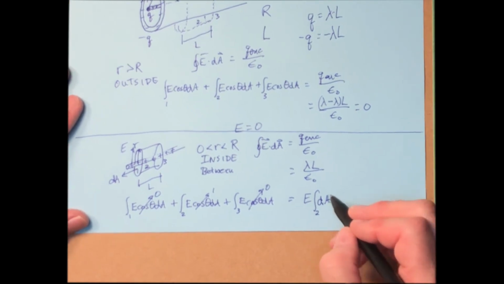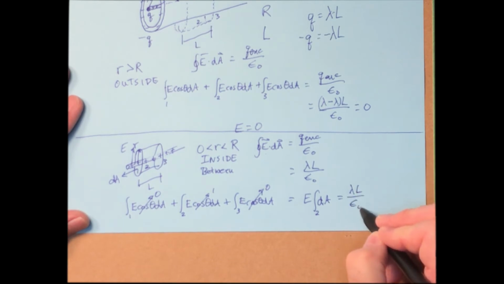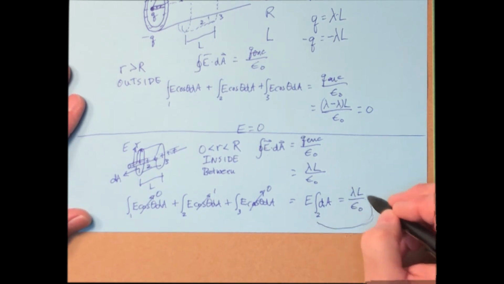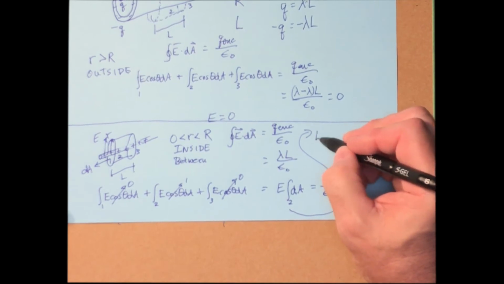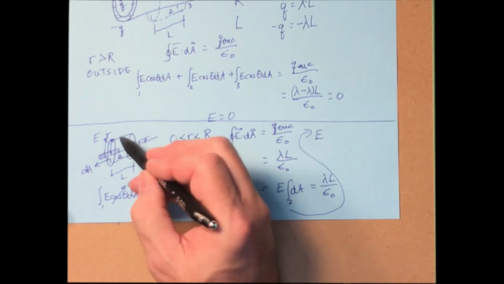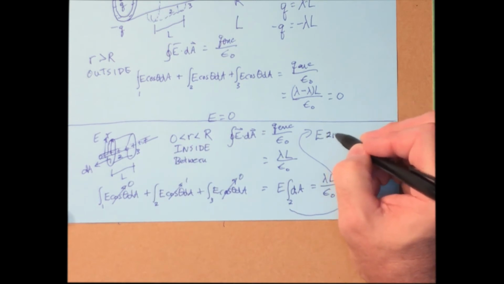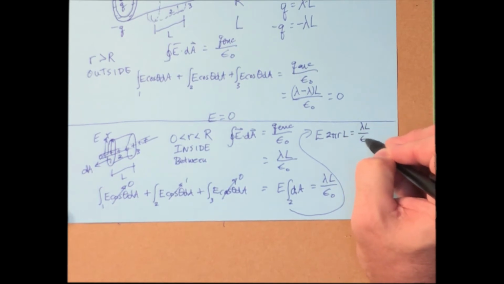And that's equal to the stuff on the right-hand side, lambda L over epsilon naught. Well, area 2, I'm running out of room, so I'm going to go right here and complete this. That's going to be E times the surface area of this 2, which is 2 pi r times L, equal to lambda L over epsilon naught.